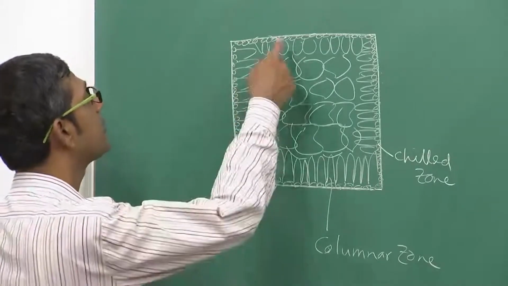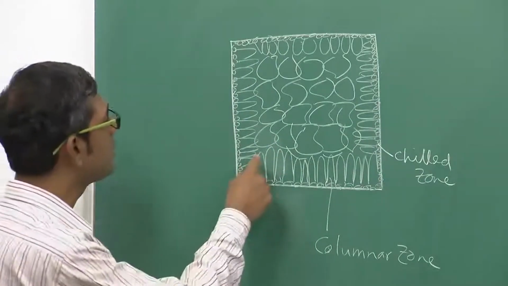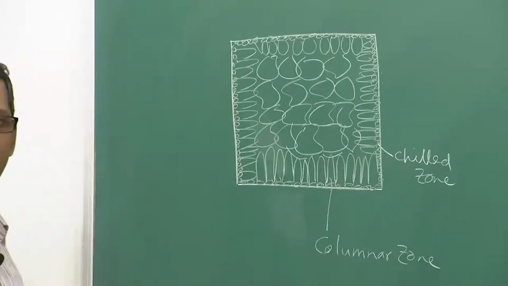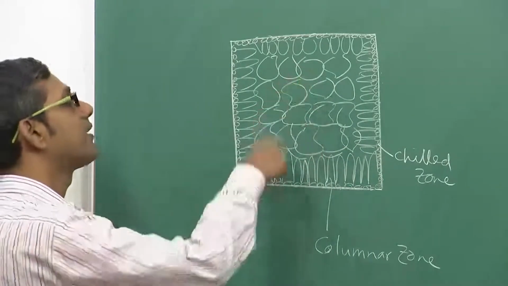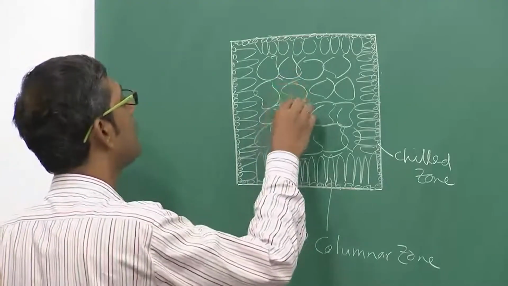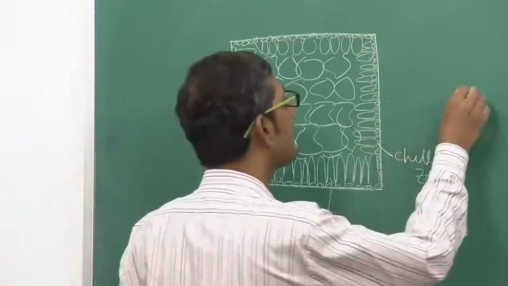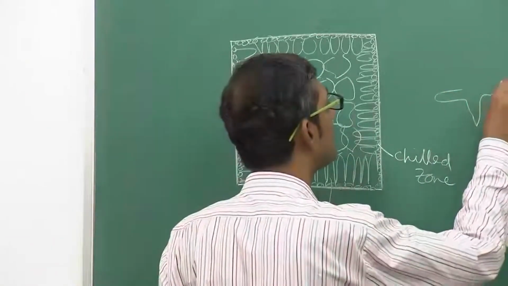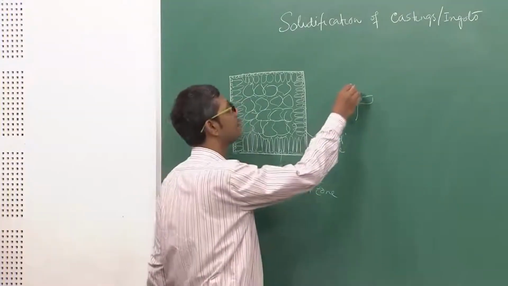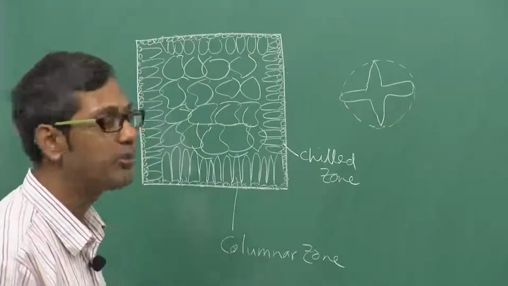Why? Because of the fluid flow present in the liquid, there is a chance that some of these dendrites, or the top part of the dendrites of this columnar zone, will break away and reach the central part of the ingot, and then they will start the growth of these equiaxed crystals into the liquid. These equiaxed crystals will look like this. That is why they are called equiaxed, because they have dendrite arms of equal length.